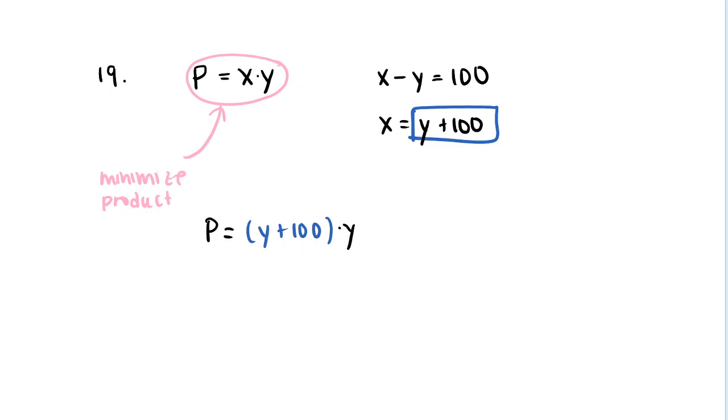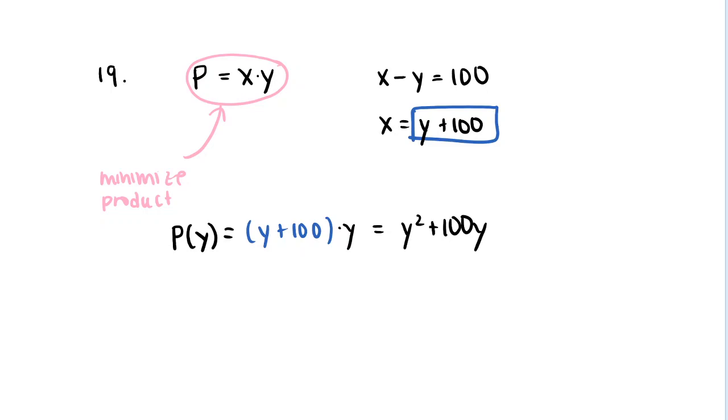And so actually here, I called our equation above p is equal to x times y. Well, now it's just a function in terms of y, so I'm going to write P of y. P of y is equal to y plus 100 times y, which is the same as y squared plus 100y. Okay, so this is now just a function in one variable.